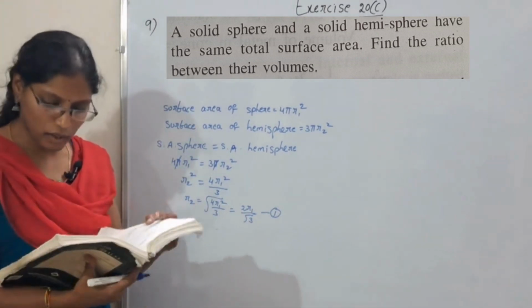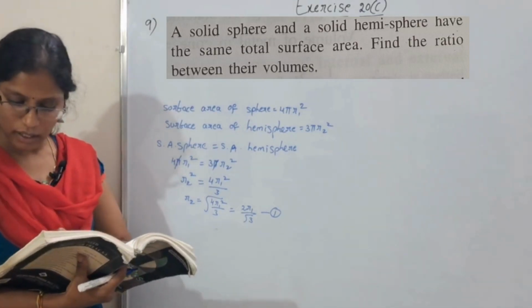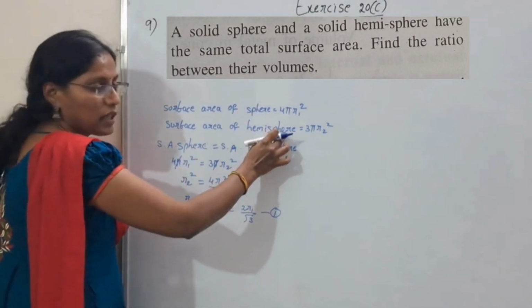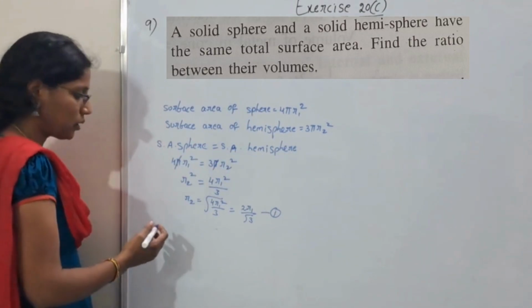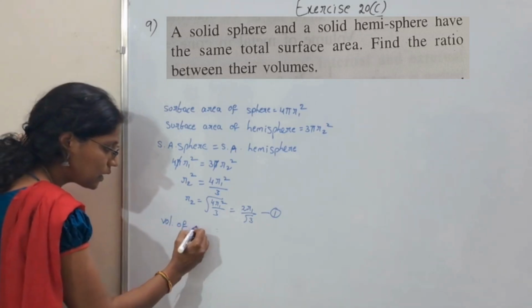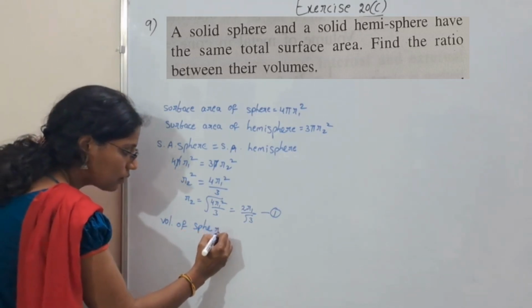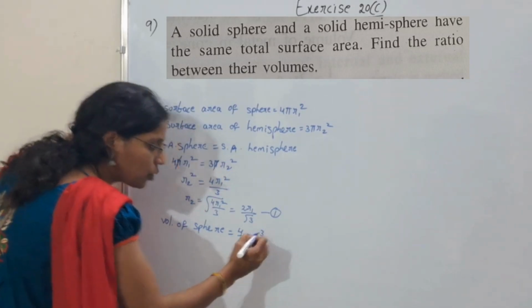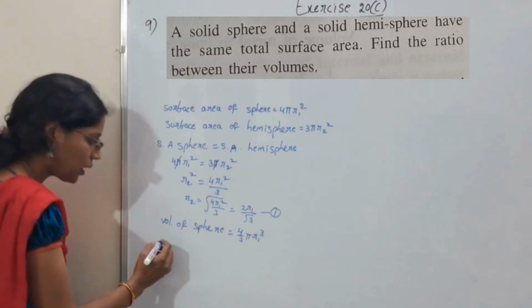Equation 1. Next, what condition have they given? Find the ratio between their volumes. The ratio of this sphere and hemisphere volumes we have to find out. First, the formula we should write. Volume of sphere is 4 by 3 pi r1 cube. R1 value as it is you should keep.